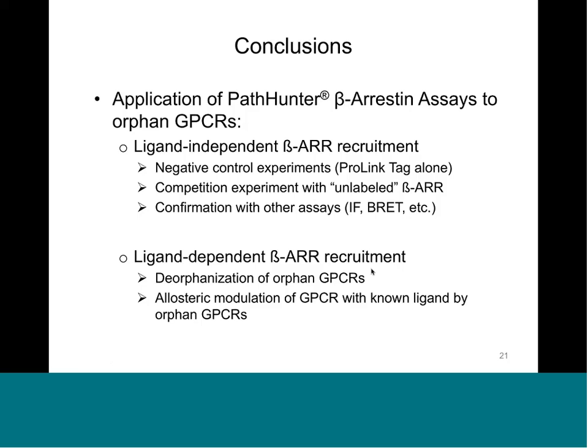So that was our case, where we could show that our orphan GPCRs allosterically regulate the property of our MT2 receptors to recruit beta-arrestin. And this, interestingly, was only seen in the beta-arrestin assay, but not in the classical G protein Gi activation assay. So there seems to be some biased behavior that could also be picked up with this assay. And with this, I would like to thank you for your attention.